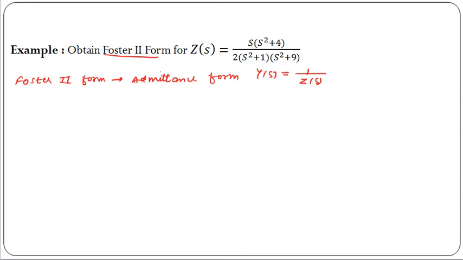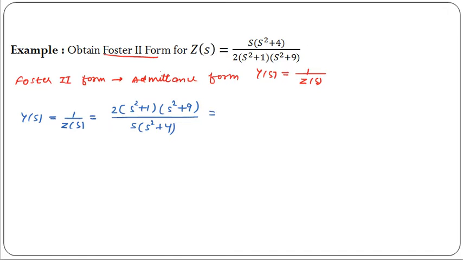So Y(s) will be equal to 1 by Z(s) and it will be equal to 2 into (s squared plus 1) into (s squared plus 9) divided by s into (s squared plus 4). So this is now Y(s). So let us expand this.